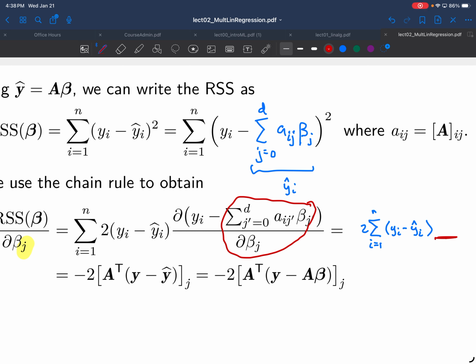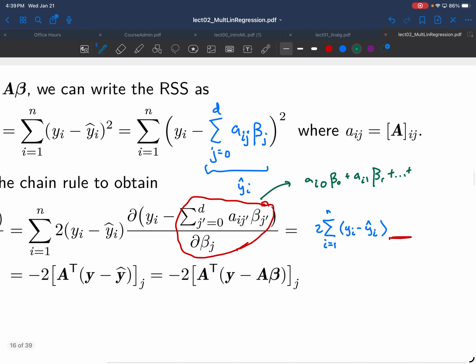Remember that this sum here basically looks like AI0 beta 0 plus AI1 beta 1 plus all the way to AId beta d.